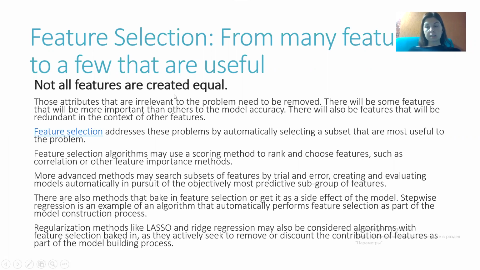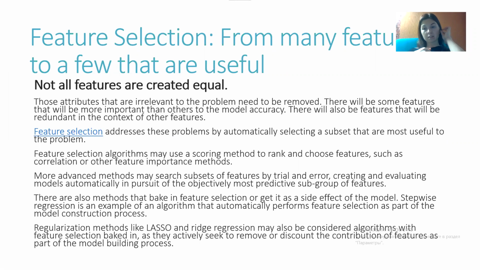Feature selection is a step that goes after the feature engineering step. We created a lot of features, 100 for example, which we think are meaningful for analysis. We think that they are meaningful, but how to prove this meaningfulness?